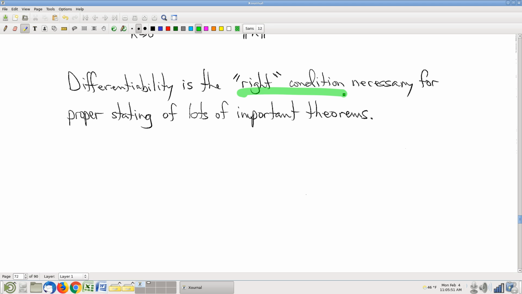So if you state your theorems that, look, I'm going to require continuous differentiability, then you're making unnecessary constraints, as it turns out, and you're inadvertently stating a weaker version of the theorem, and mathematicians hate that. So anyway, we can't get rid of it. It is unavoidably differentiability and not continuous differentiability. Differentiability is the right condition. It's the point relevant to a bunch of important theorems.